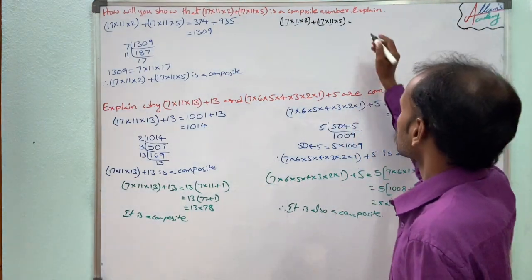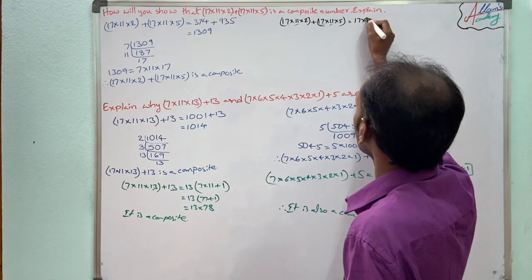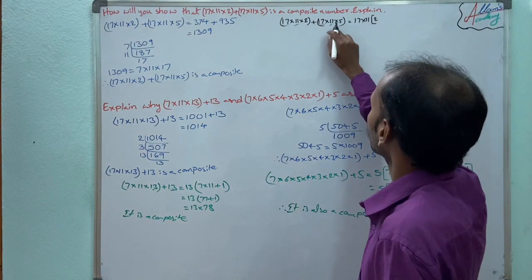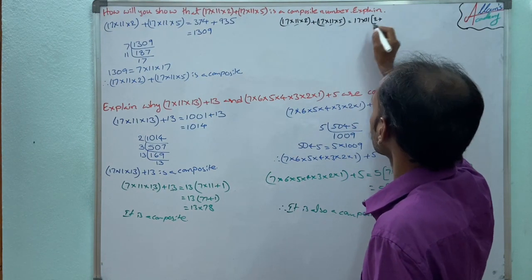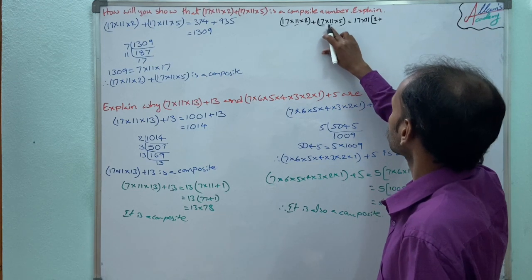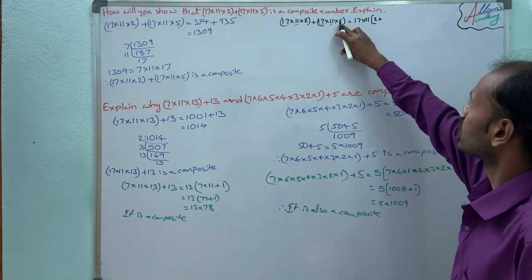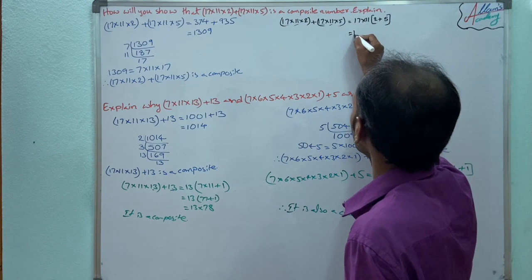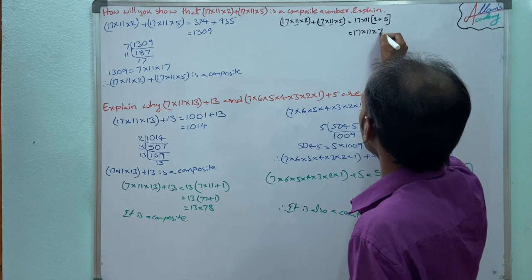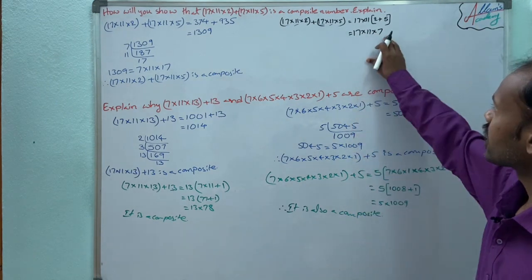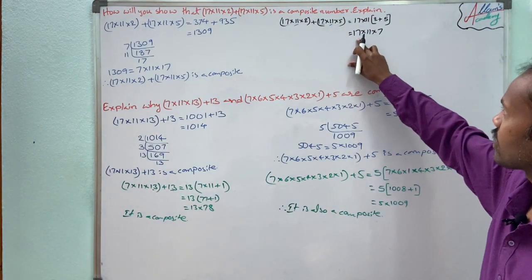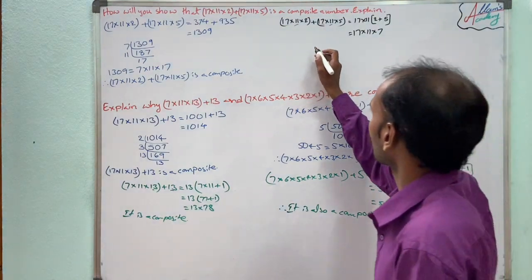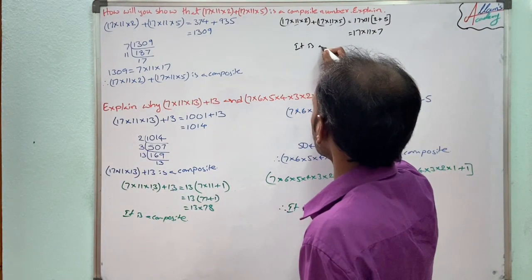Taking 17 and 11 as common, in the first number the remaining one is 2, and between the numbers is the plus symbol. In the second number, 17 and 11 have already come outside, so the remaining one is 5. So 2 plus 5 is 7. So 17 into 11 into 7. Here also this number has factors 17, 11 and 7 other than 1 and itself. So we can conclude that it is a composite number.